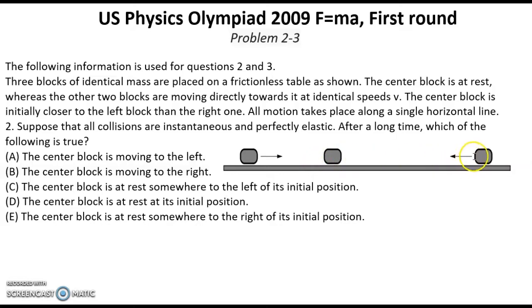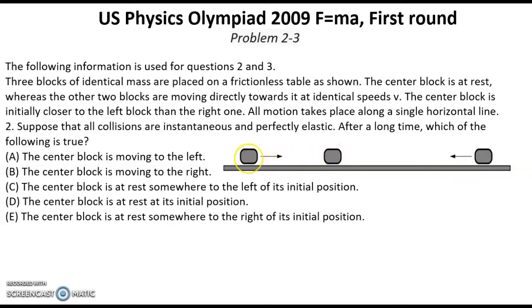After that, it collides with the right block. They will exchange velocities, and now the right block is going to the right and the center block is going to the left.